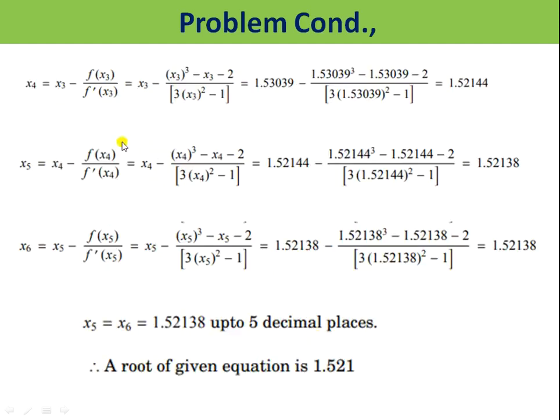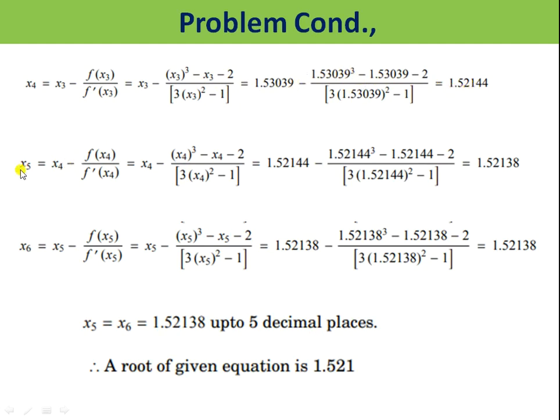So find x4. x4 is equal to x3 minus f of x3 by f dash of x3. Just replace the respective values, and the x3 value becomes 1.5303. Cube this and simplify, and we will get 1.52144. This is the value for x4.